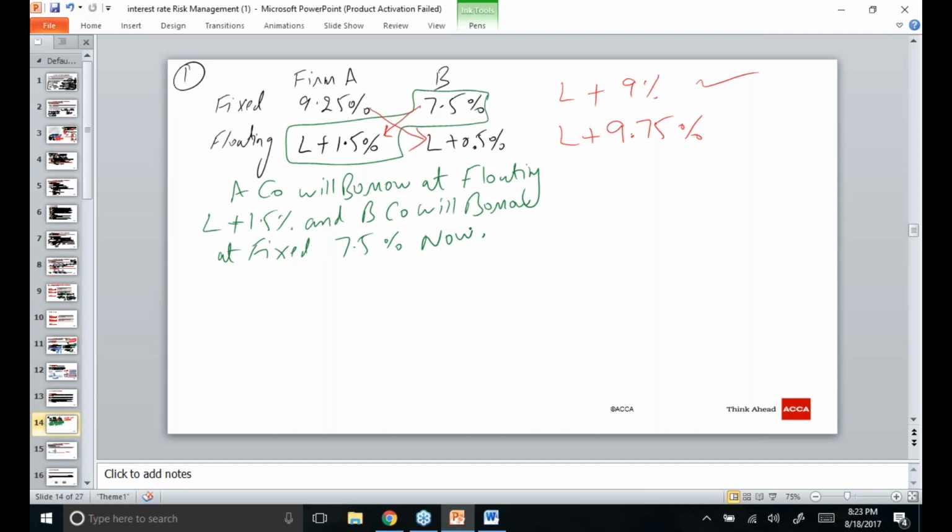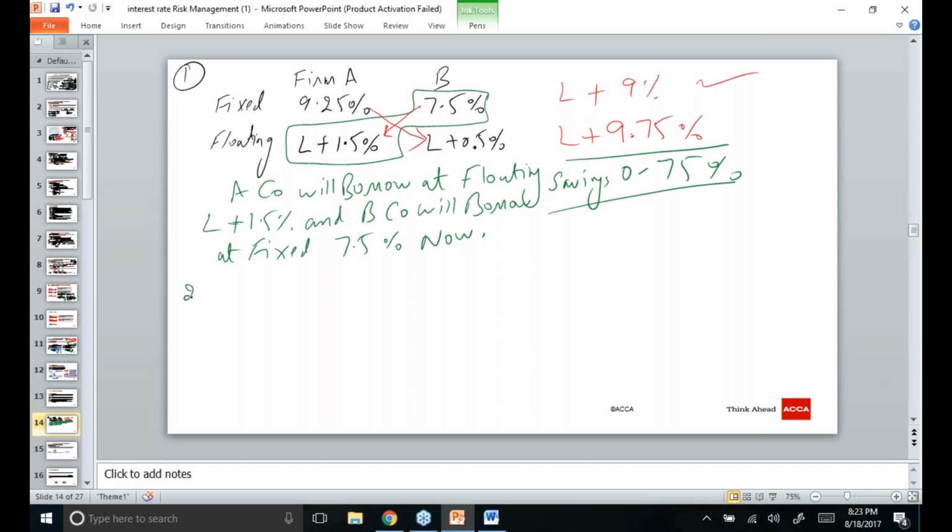Now, okay, what is the benefit in it? The benefit is 0.75%. This is the saving. Okay, this is the first step.